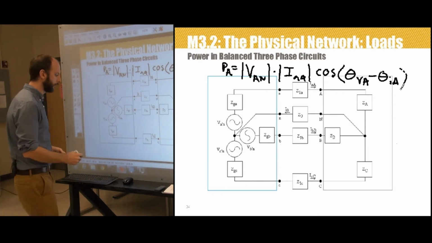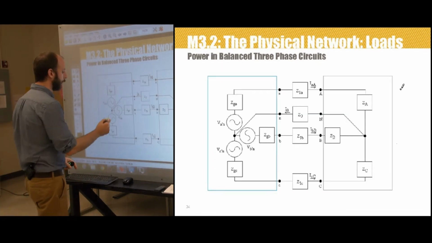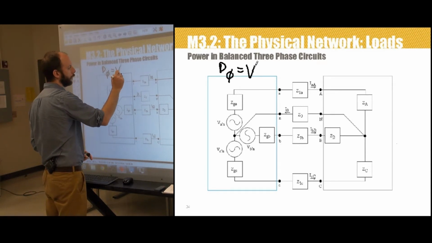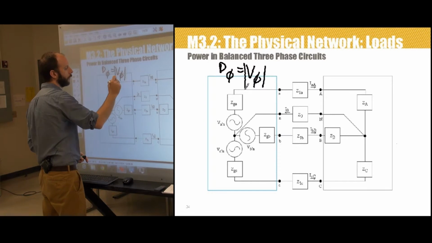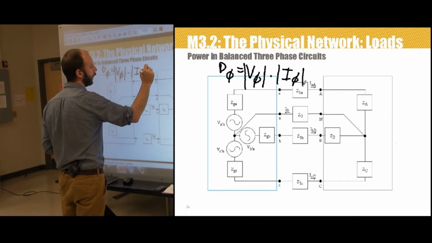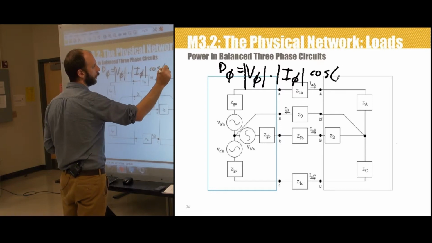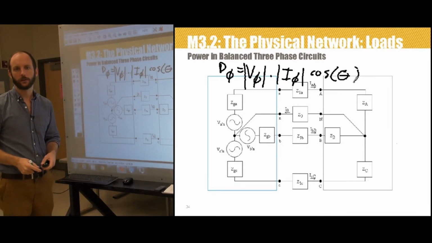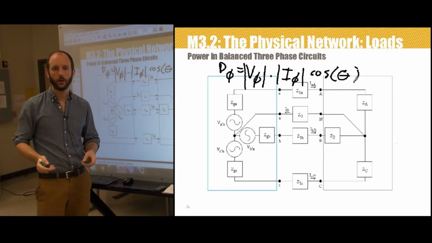More generally, therefore, it's written as power in a phase is equal to the magnitude of the phase voltage times the magnitude of the phase current times the cosine of the angle between the phase voltage and the phase current.